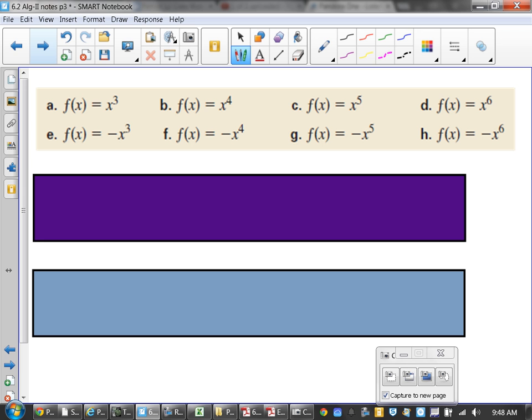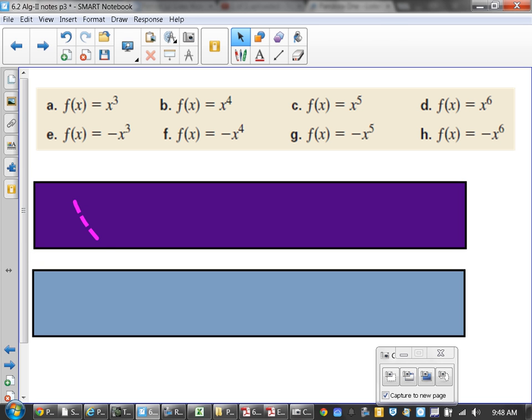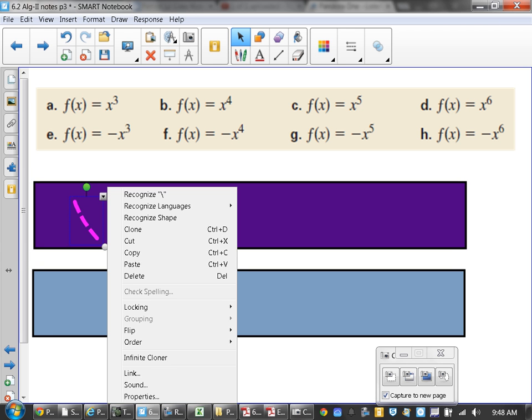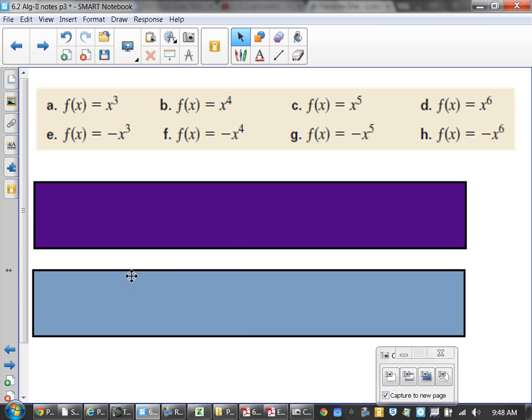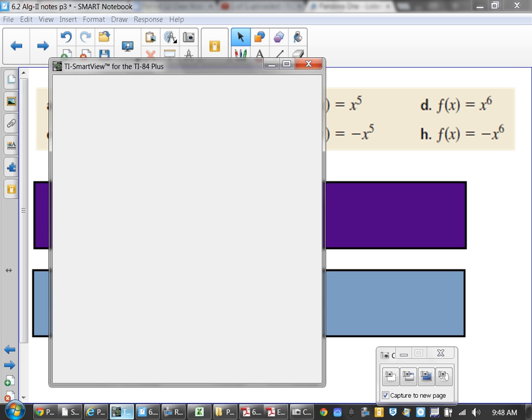So what I want to do here is take a second and show you how these things look when we use our calculator. Okay? So let's get our calculators out. Let's put in a couple of these functions just so you get the idea of what they look like.